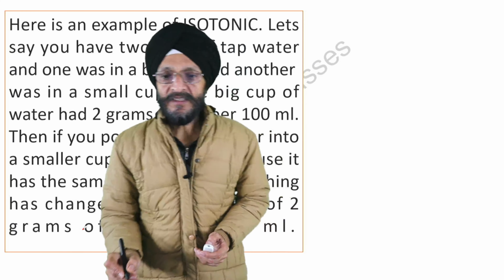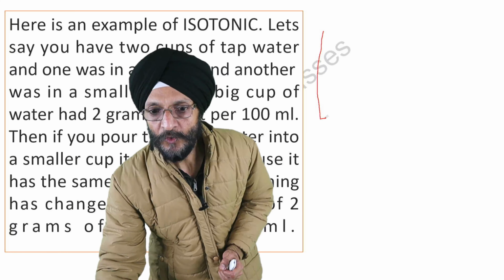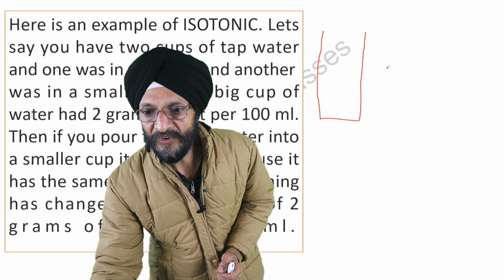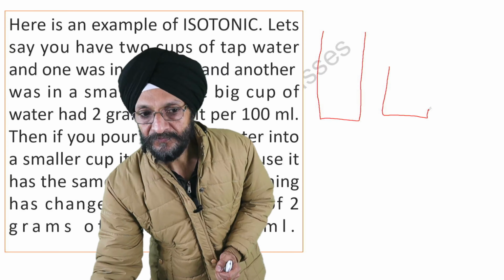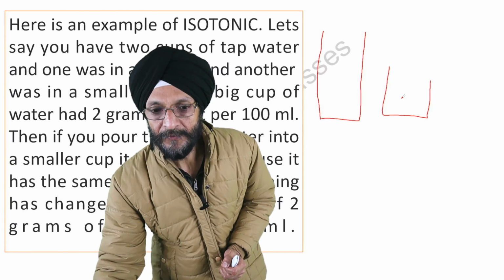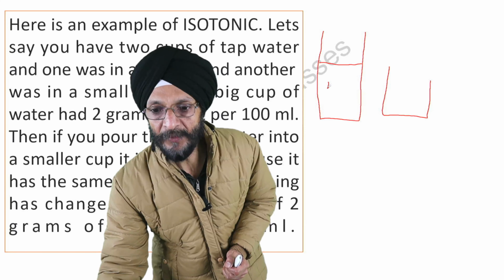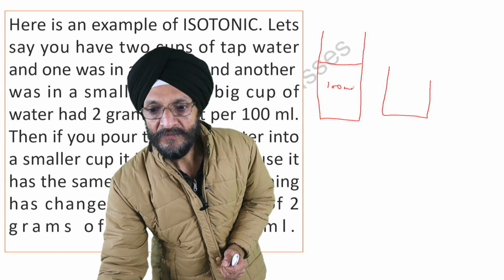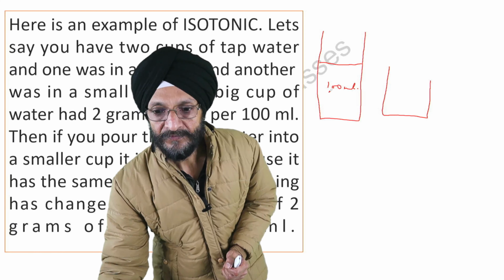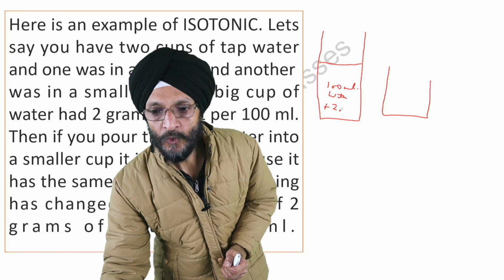Here is another example of isotonic. Let us take 2 cups of tap water. One is a big cup, another is a small cup. In this big cup, we take 100 milliliters of water and we put in it 2 grams of salt.